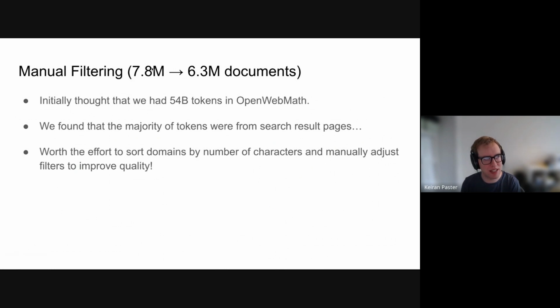This only took us down by about 1 million documents, but it removed many, many billions of tokens. The nice thing was that after this filtering, our downstream evaluations went way up. Even though we got rid of a lot of data, it's much higher quality.